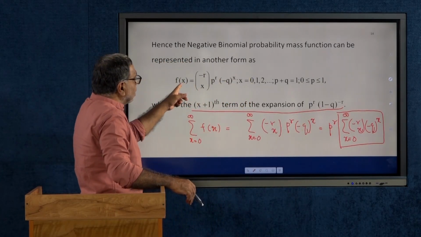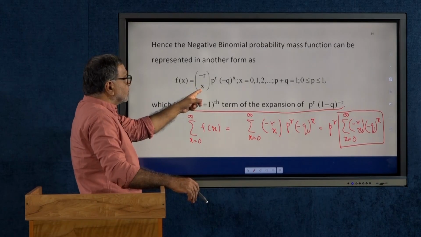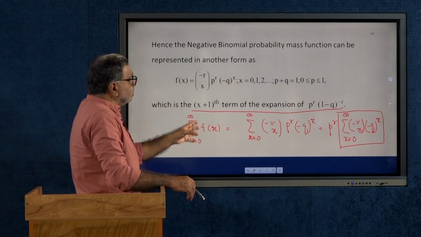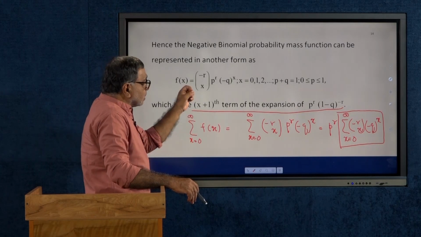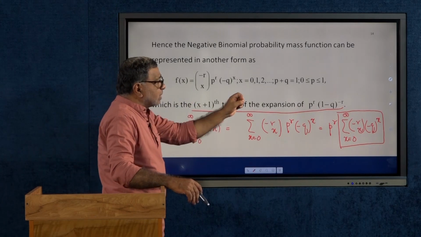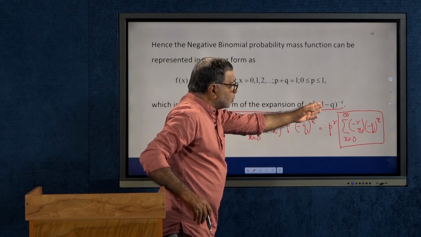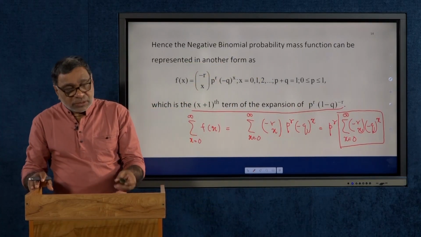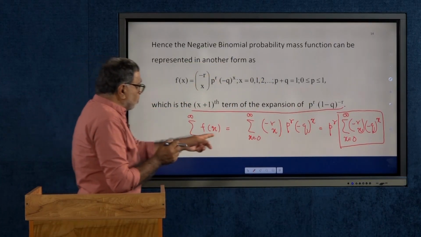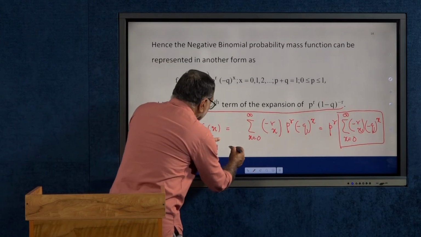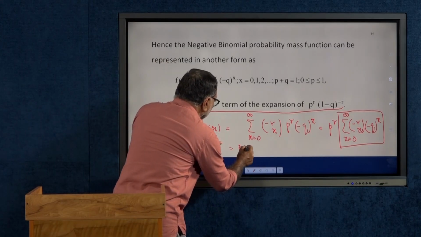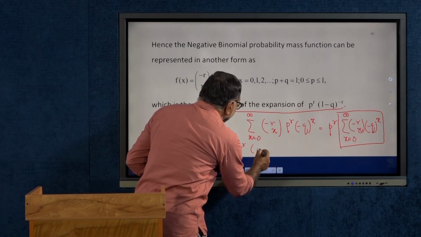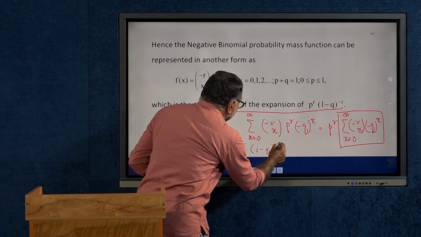So, f of x is equal to minus r c x p power r minus q power x, which can be considered as the x plus 1th term of the expansion of 1 minus q power minus r into p power r. One thing you can note here is that this is p power r into this expansion, which is nothing but 1 minus q power minus r.